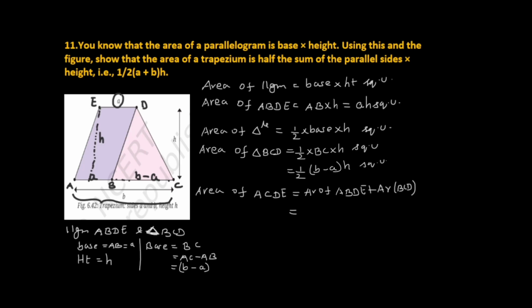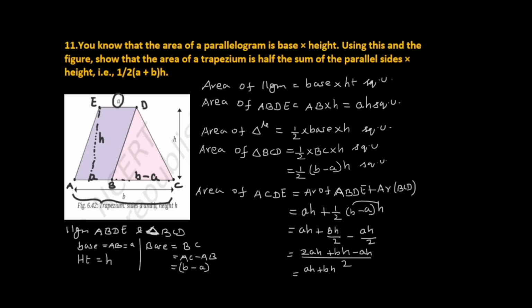So area of parallelogram ABDE we got as AH square units plus triangle half of B minus A into H. Now removing the bracket, we are getting AH plus, multiply this with half, BH by 2 minus AH by 2. Now H is common, otherwise take LCM. 2AH plus BH minus AH by 2. Now 2AH minus AH, we are getting AH plus BH by 2.